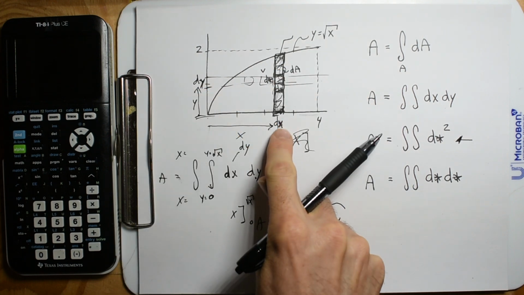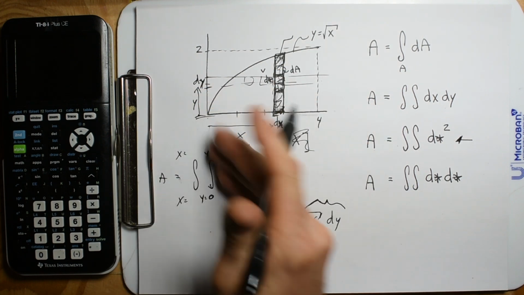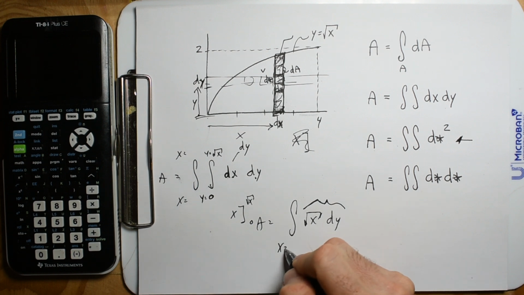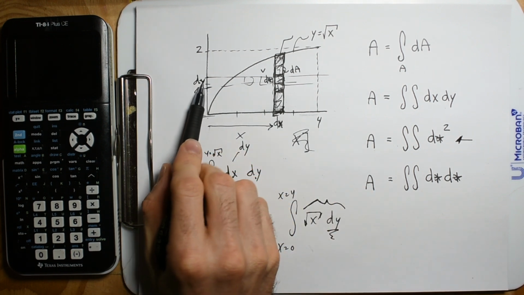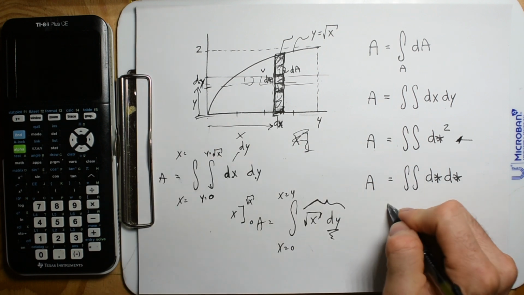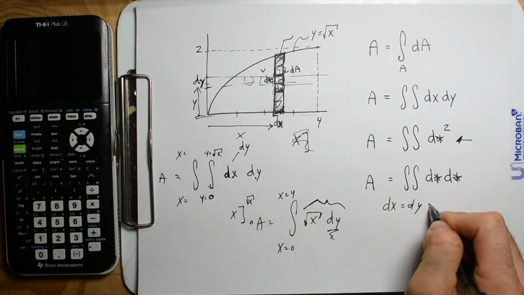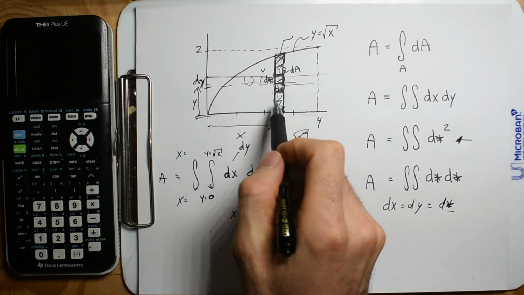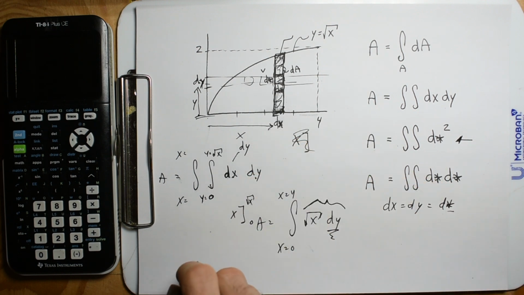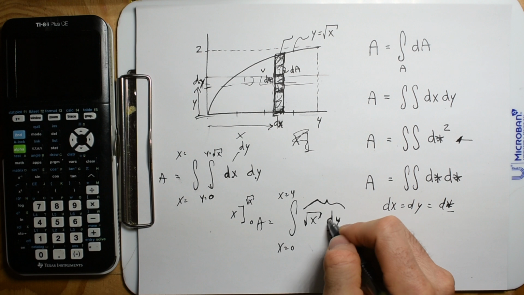I mean, we can multiply it by dx and move it along the x terms, like this is going to be x from 0 to 4, but multiplying it by a dy is nonsensical. But we can say that dx is equal to dy and is equal to d star, so you could mess up like that.